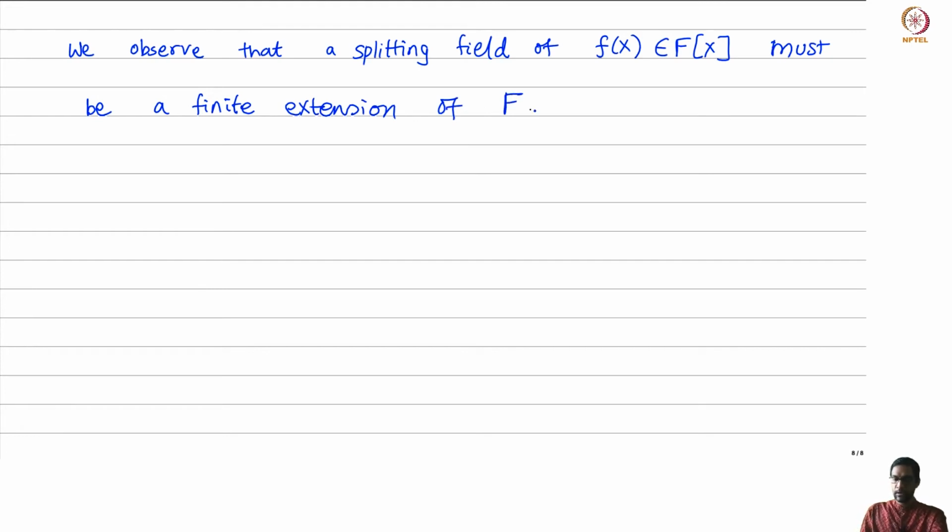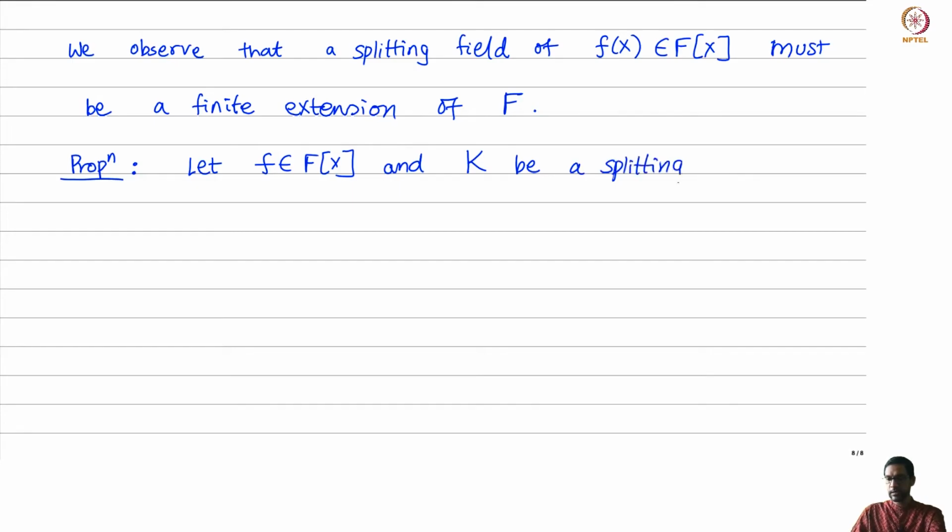Okay. In fact, here's a more quantitative proposition. It says: let f be a polynomial of degree n, and K be a splitting field of f (we still haven't shown uniqueness).